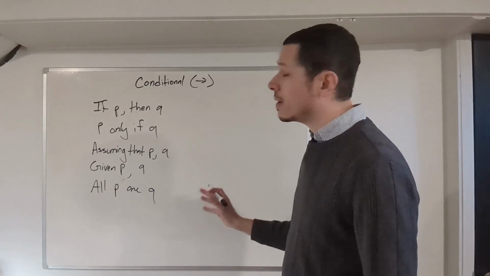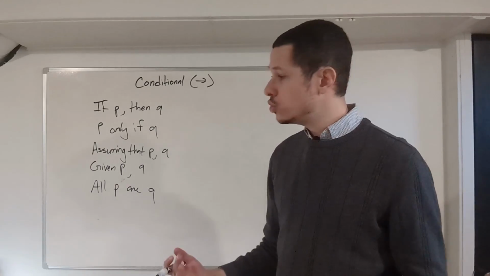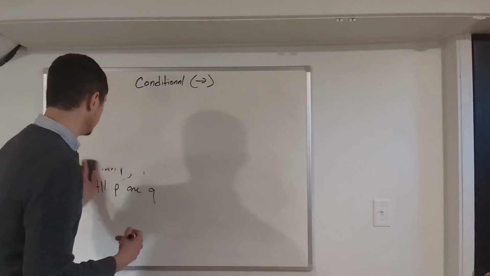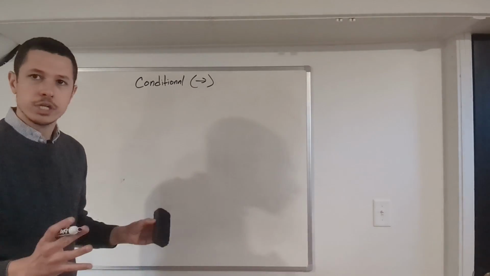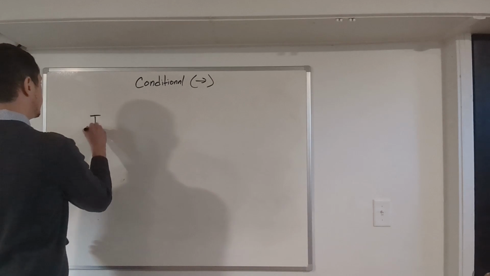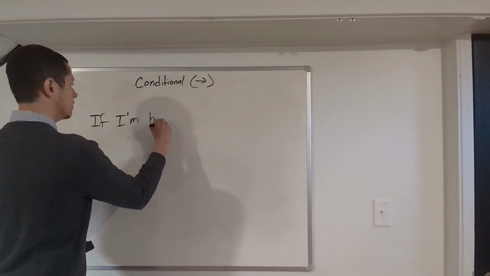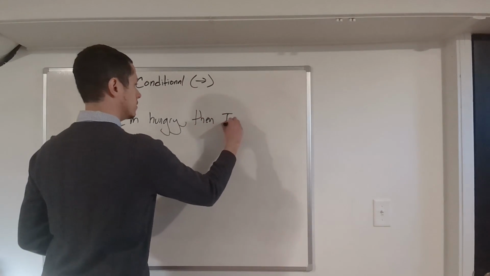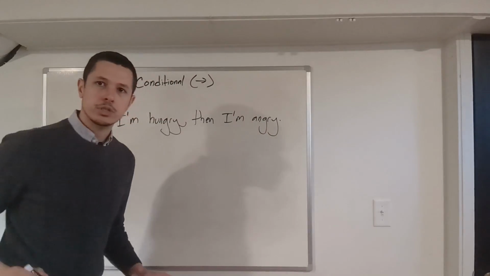Okay, so let's talk about the anatomy of a conditional statement, because this is going to be super important. So I'm going to erase these. And I'll just write a particular conditional down. So let's say something like, if I'm hungry, then I'm angry, which seems perfectly descriptive.